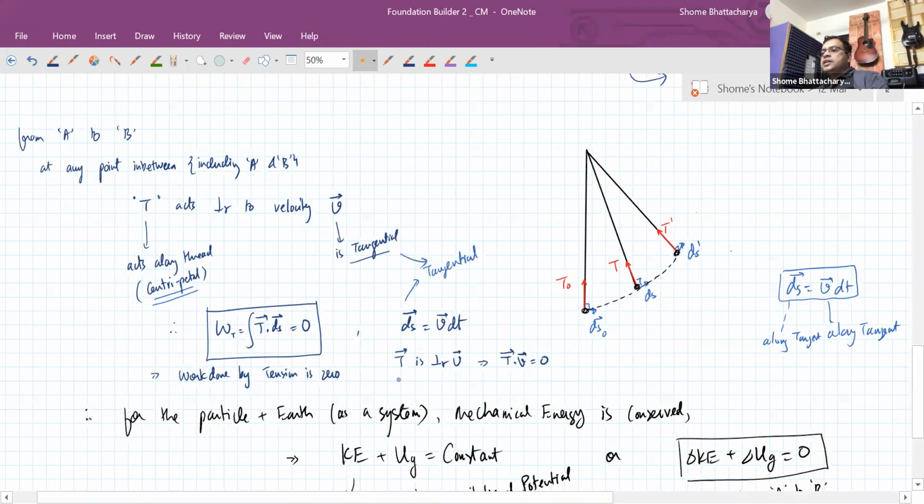So that is why tension is perpendicular to the displacement at all points of time. So in fact we can also write that T's dot product with ds will be 0, because this is tangential and this is centripetal. So they are perpendicular to each other always.